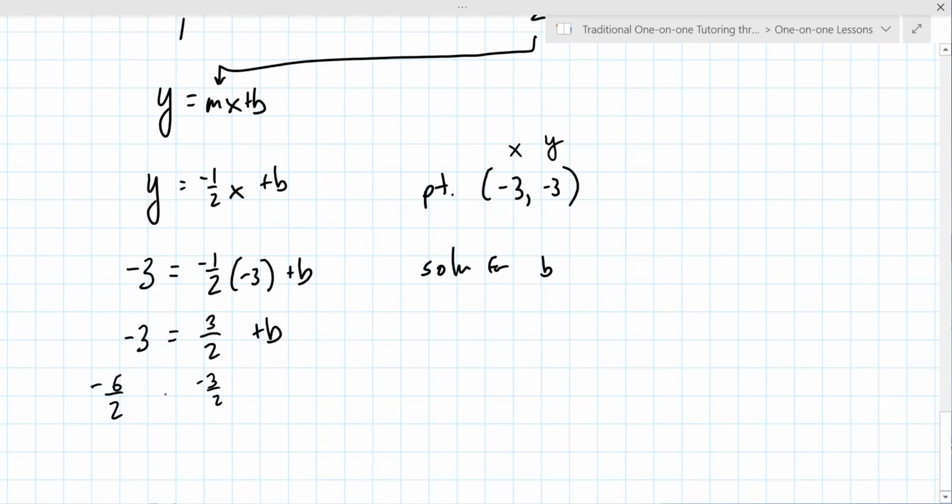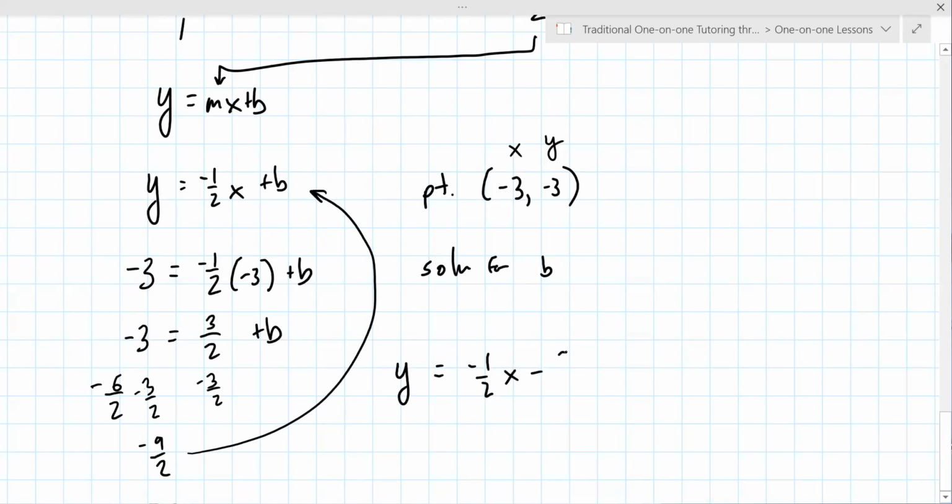But you're subtracting 3/2 from both sides, right? Oh, sorry, I forgot the negative in 6 over 2. My real answer is -9 over 2. Okay, good. That number goes back into this line right here, and you get y equals -1/2 x minus 9 over 2.